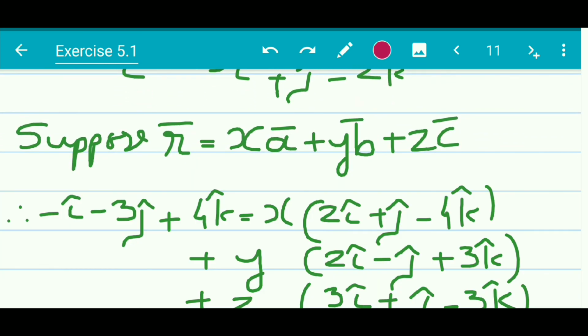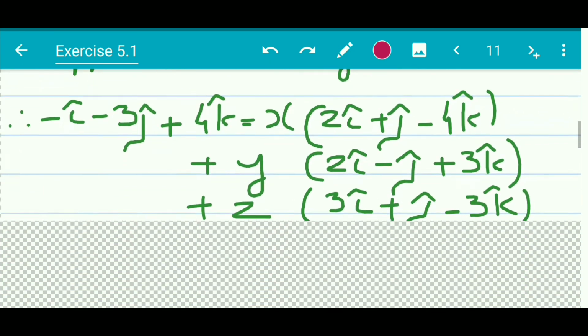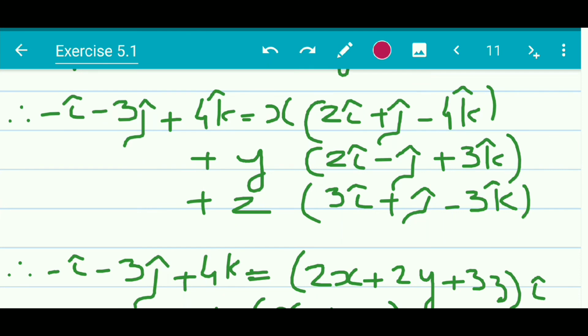So after writing r is equal to xa plus yb plus zc, what we do is that we substitute the values for r, a, b and c in the equation. So thus we get the terms this way. Now what we do is that we take the i containing terms common. So the i containing terms are 2x, 2y and 3z.